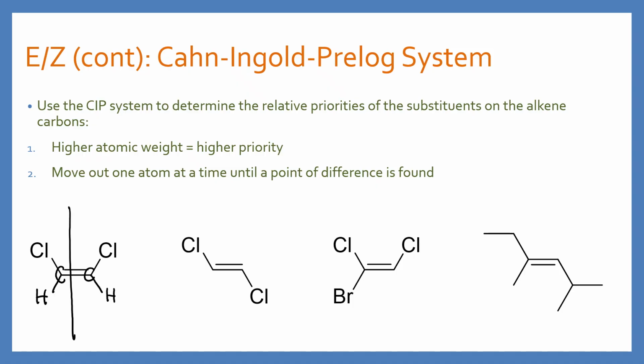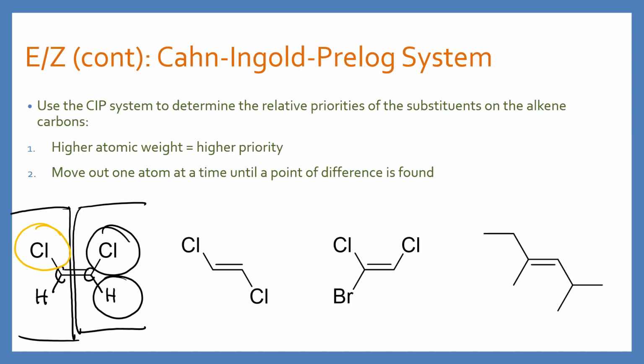So first, let's look at this left-hand side. On the left-hand side, we look at the 2 items that are attached to the carbon, and we decide which one is the higher priority. Since this is done by atomic weight, the chlorine is the higher priority. Then we look at the other carbon, and we look at the 2 things attached to that carbon, and we decide which one is the higher priority.